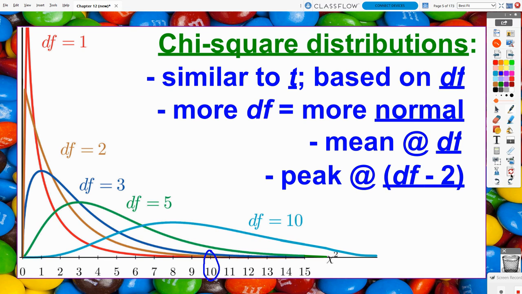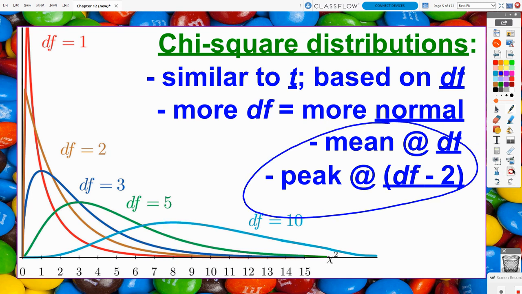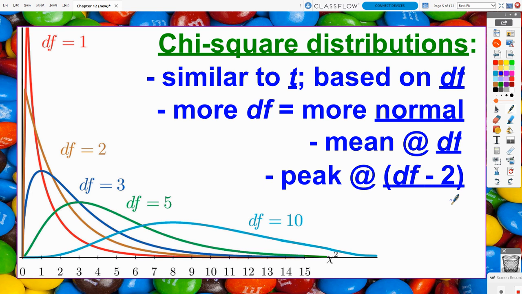And the peak is going to be at the degrees of freedom minus 2. So for 10 degrees of freedom, if I subtract 2 and go to 8 on the x-axis, that shows me where that distribution peaks. Now, these aren't going to be widely used to discuss where's the mean, where's the peak, but it gives you a good idea of how that shape is going to be formed.